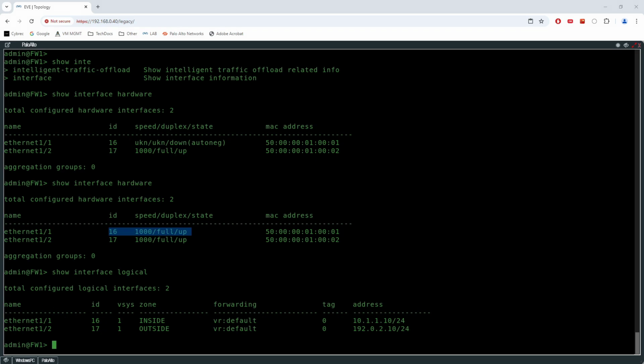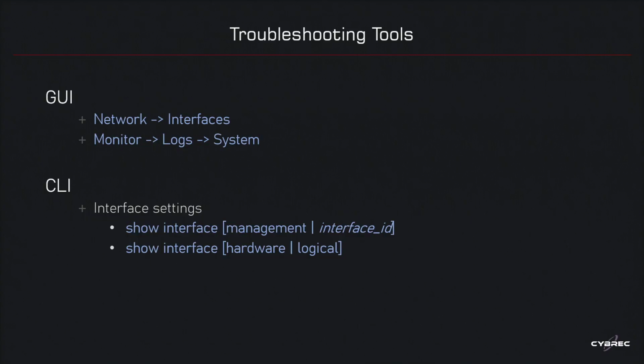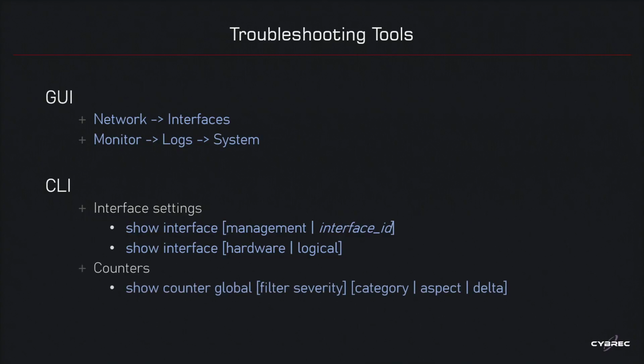Now, maybe before we take a look at show interface for a specific port, let's also take a look at the global counters, and also counters for the interface. We will start with the interface counters. This is going to be show counter interface. For the management interface, let's start with this. So this is going to be show counter interface management.